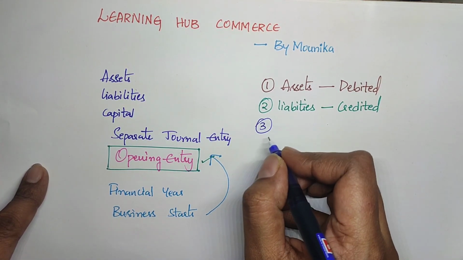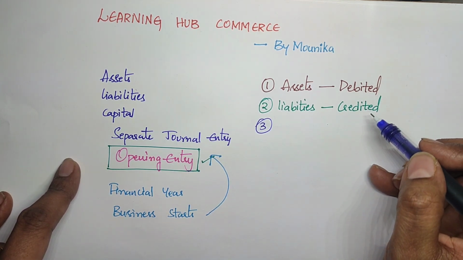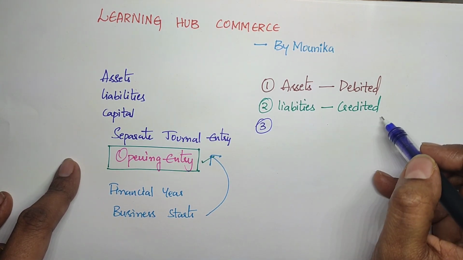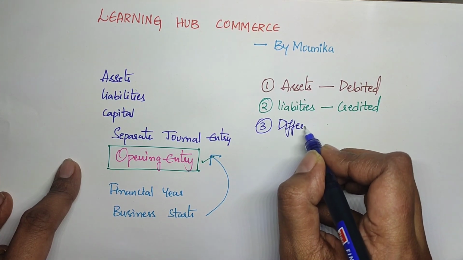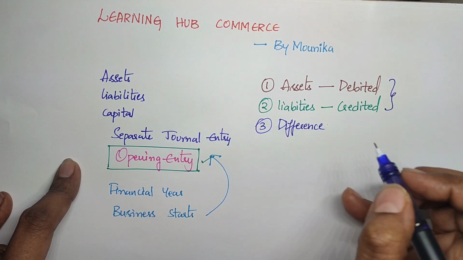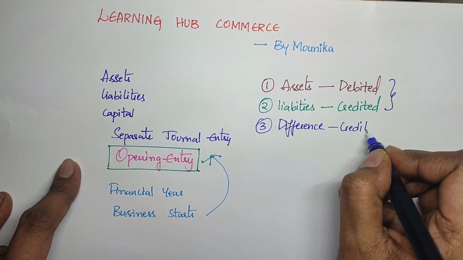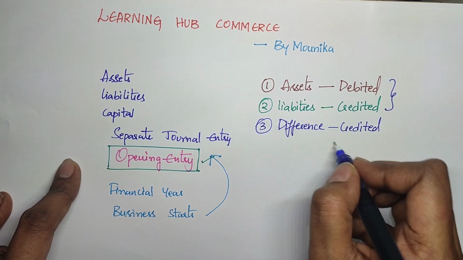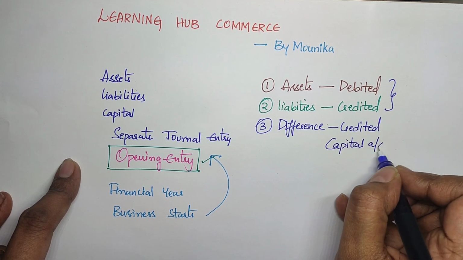Point number three, the difference between the assets and the liabilities is credited to capital account.